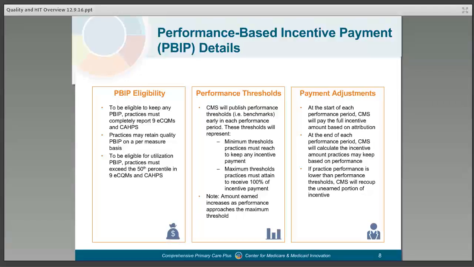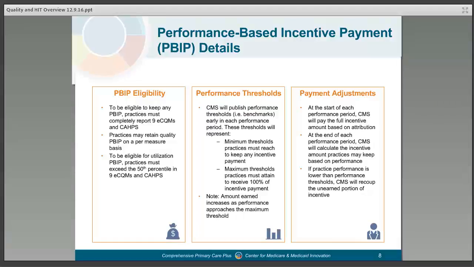And then also, we will be looking at a certain minimum threshold of performance in order to decide whether or not you are going to be eligible for the performance-based incentive payment. So we have minimum thresholds, and then we also have a maximum threshold, a point at which you are able to share all of the payment. The minimum threshold decides if you can share any of the payment. Maximum threshold is where we decide that you can share all of the payment.